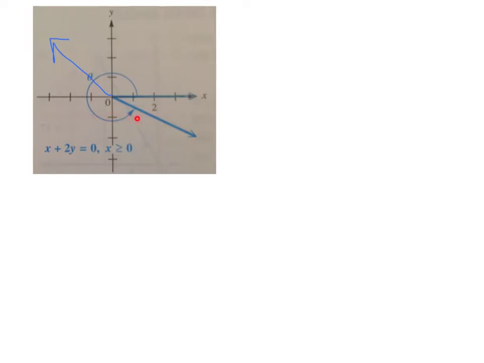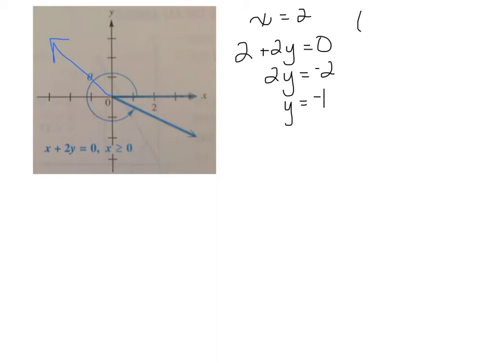I'm going to choose the point 2, -1. So I'll start with letting x equal 2, and I will plug that into the equation. So it's 2 plus 2y is equal to 0. And if I solve for y, I have the coordinates 2, -1. Now I have to use these to find my r value.